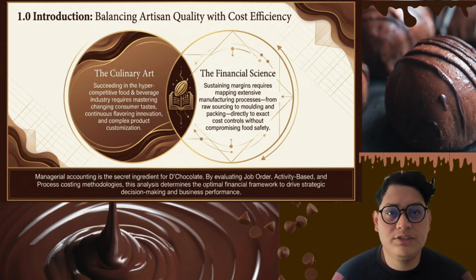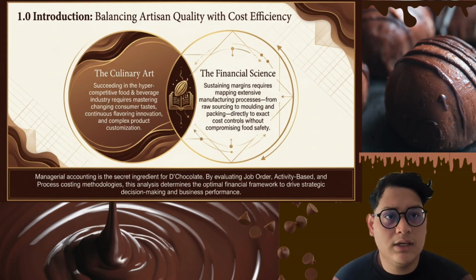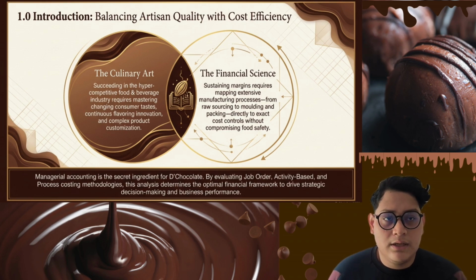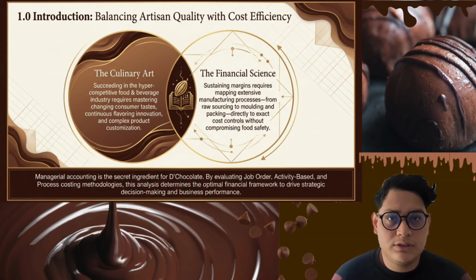So today I will present our managerial accounting report on D Chocolate, a chocolate manufacturing company. This report focuses on how managerial accounting helps the company control production costs, improve efficiency and support better decision making. We analyze three costing methods, which are job order costing, activity based costing, ABC, and also process costing.